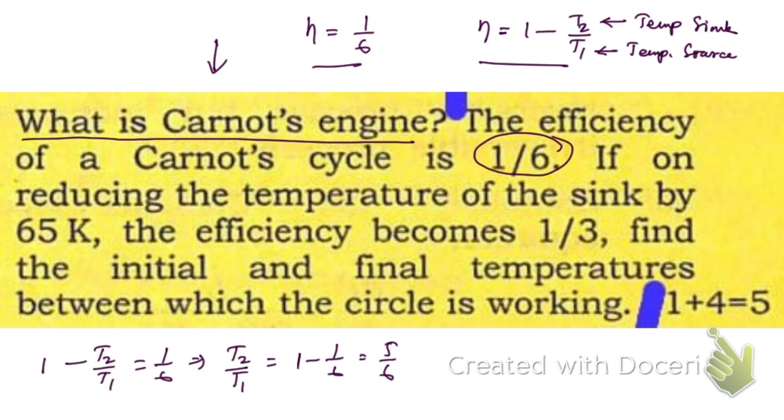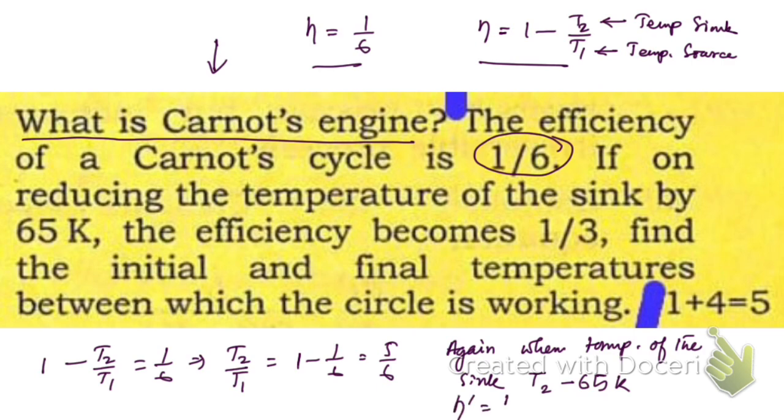And now you see again, when the temperature of the sink, that is T2, is reduced by 65 Kelvin, then the new efficiency becomes 1 by 3.